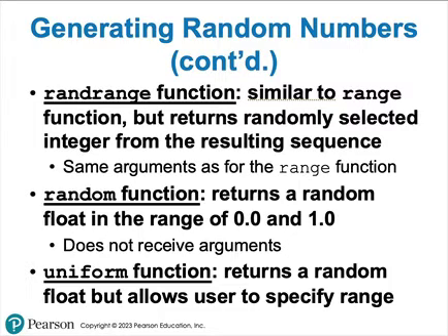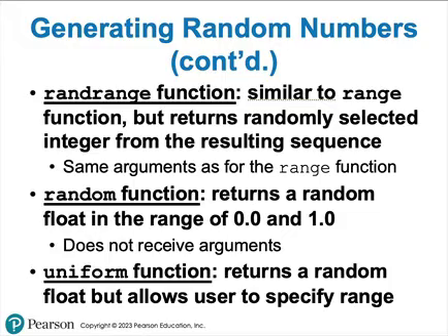Randrange is like the range function, but it will return randomly selected integers from whatever the resulting sequence would be, like the range function. There is a random function that returns a value between 0 and 1, and if that's not exactly what you need, you can multiply and or shift that.